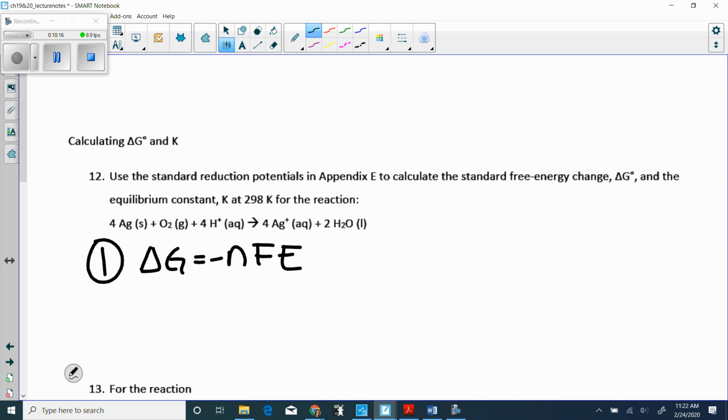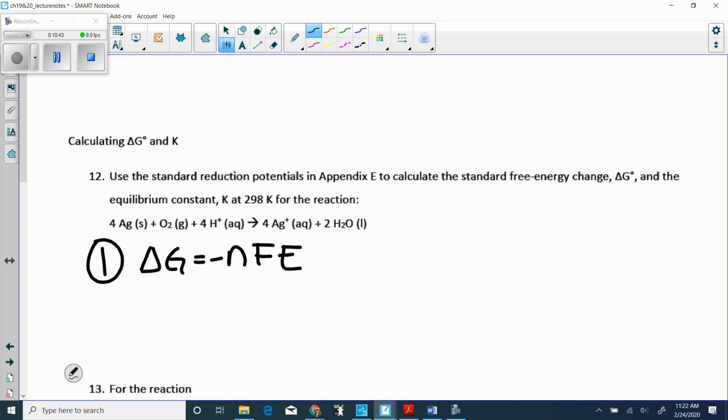The n part is the invisible electrons that are not here. They were in the 2 up here that I crisscrossed and canceled forever. Let me tell you how I think about it. Likely you'll have a different way to think about it, probably even a better way. But I would look at this and see there's a bunch of 4s. I bet it's 4, because I must have multiplied this by 4 to get my electrons to cancel.